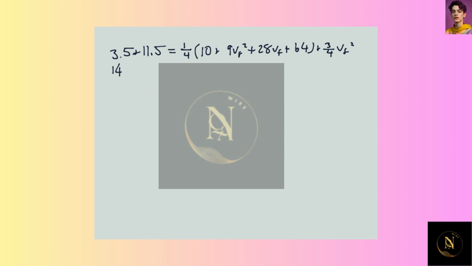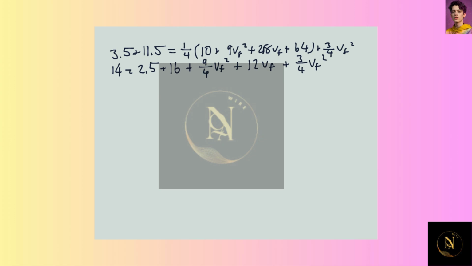So 14 is equal to 2.5 plus 16 plus 9 over 4 VF squared. Sorry, this is 48. Plus 12VF plus 3 over 4 VF squared.